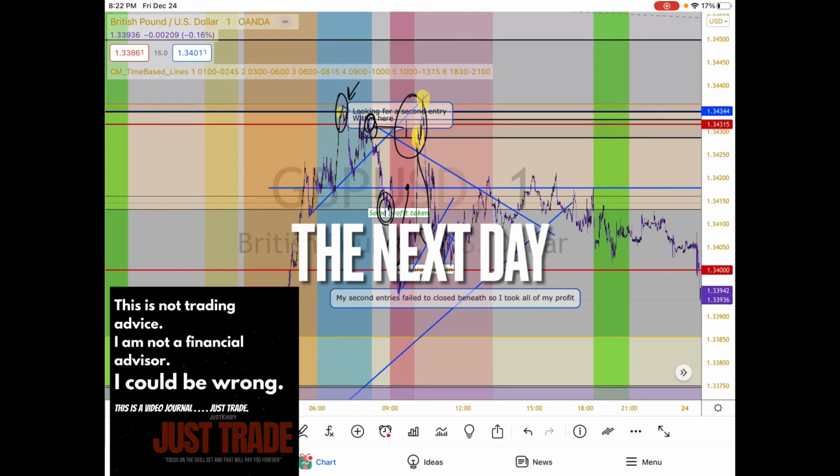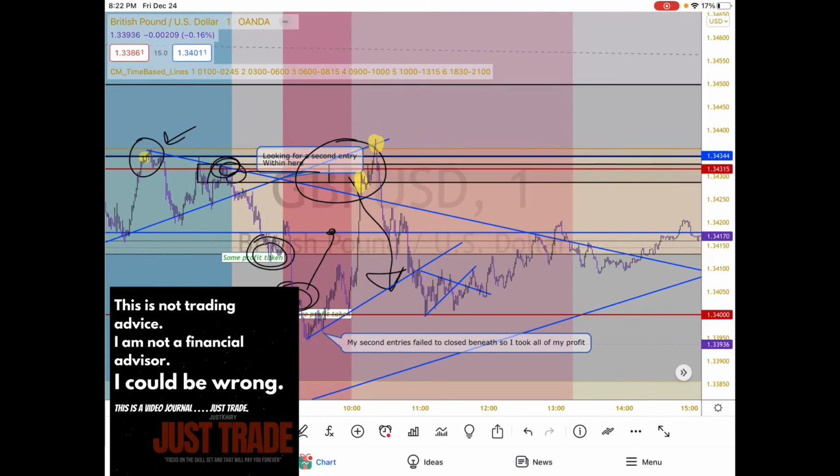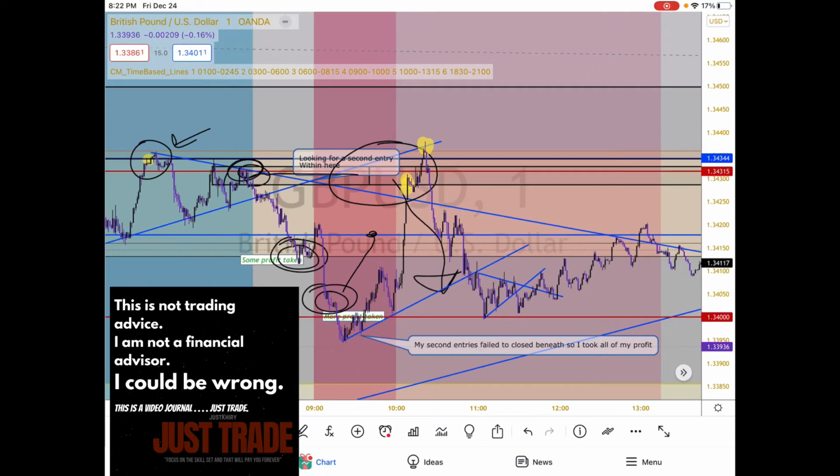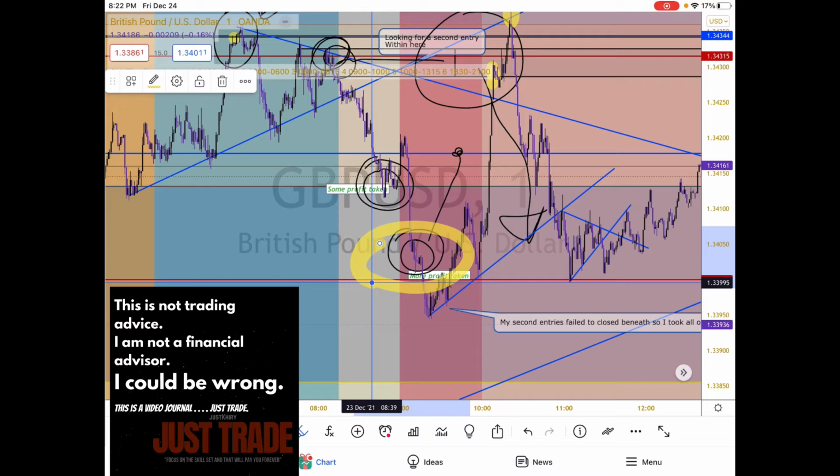Let's review the trades that we're taking. So these are the second entries that I want to show that I took. If we look at this particular area here, I took pretty much all of my profit from my first initial sells.